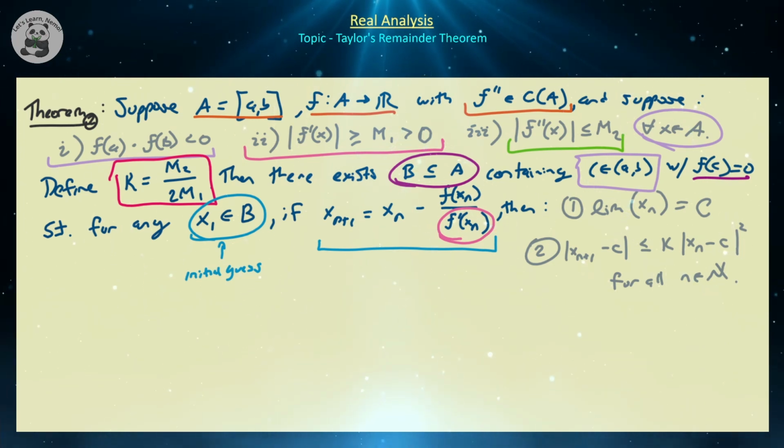The first is that the limit of that iteration is going to be our solution, and we're always going to have a bound on that particular thing.